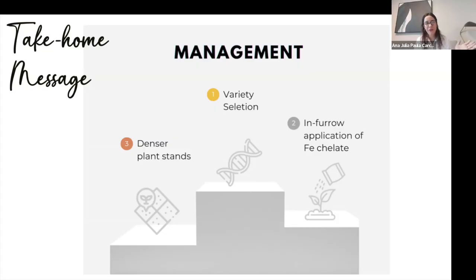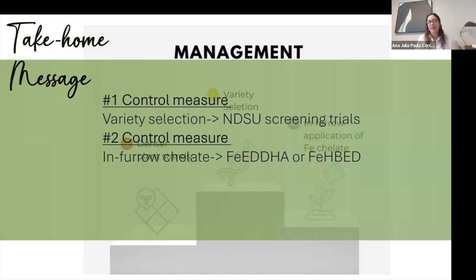My take-home message here is like, okay, variety selection is number one. Second place, we have in-furrow applications, and then in third place, we have these denser plant stands. When we're talking about in-furrow chelates, there are basically two that actually work.